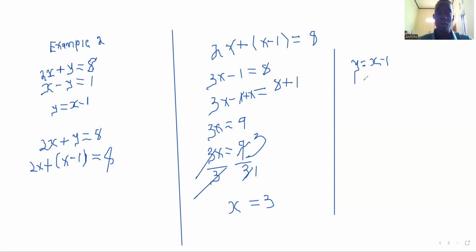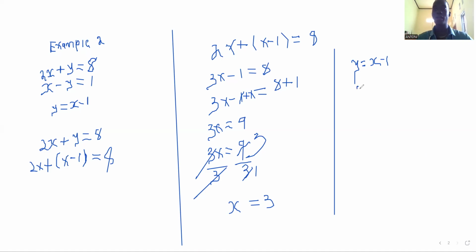So now since we get the value of x, we use the same equation that we used to get x, y is equal to x minus 1, to get the value of y itself. So here x is equal to 3.